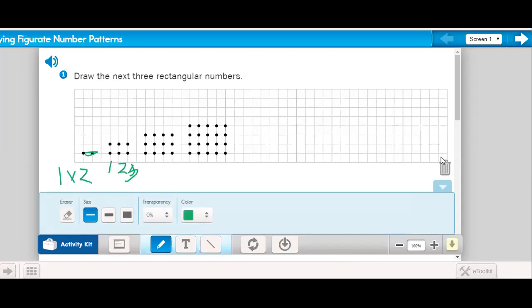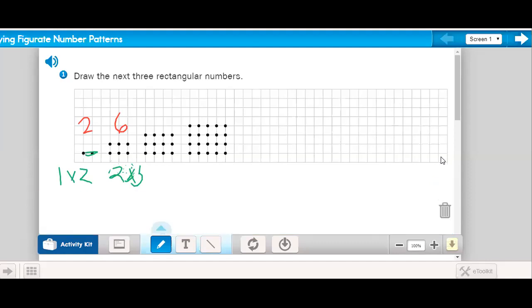And then the next one is 2 times 3, because 2 rows times 3 columns. So the answer on the first one, 1 times 2 is 2, 2 times 3 is 6.